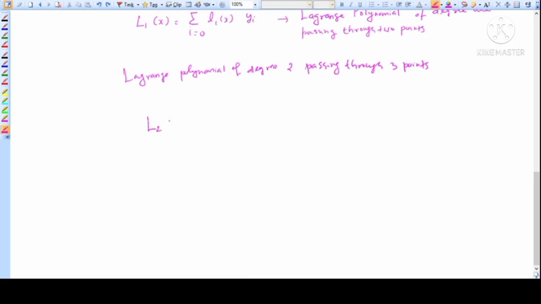So we can write it like this: L2 of x is equal to summation i is equal to 0 to 2 Li of x yi, which is equal to L0 of x y0 plus L1 of x y1 plus L2 of x y2. And what is L0 of x? It is x minus x1.